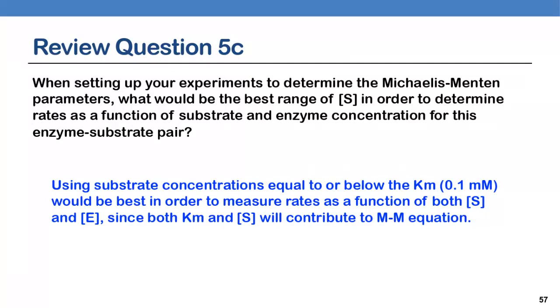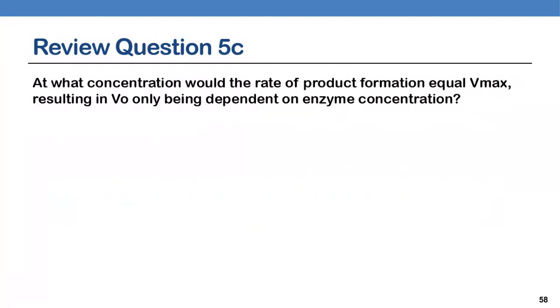And I think the second last part of this question is, at what concentration would the rate of product formation equal or almost equal Vmax, where your V naught is only going to be dependent on enzyme concentration?